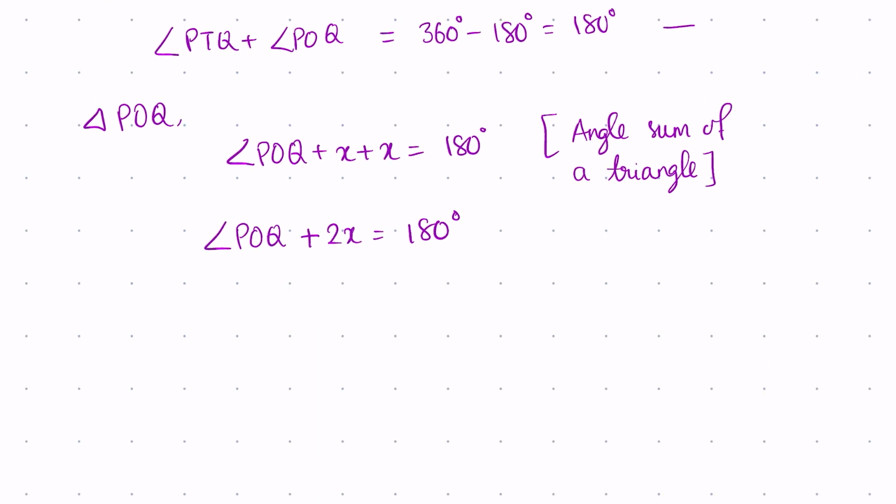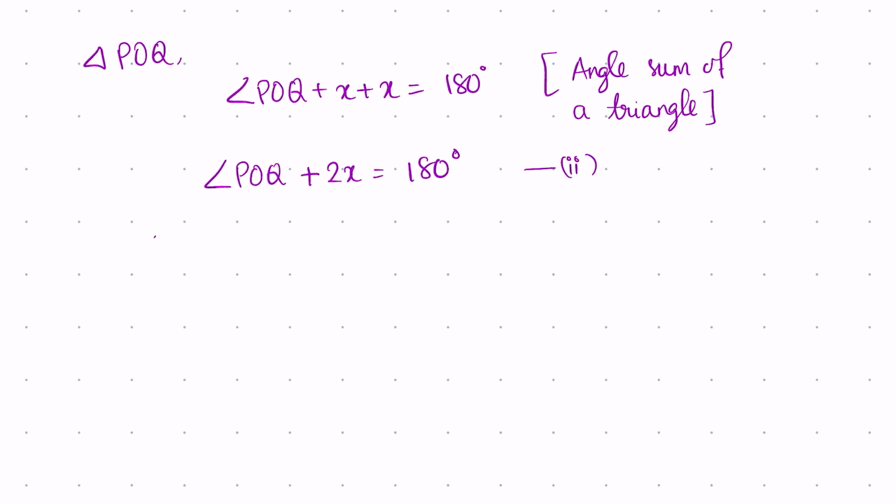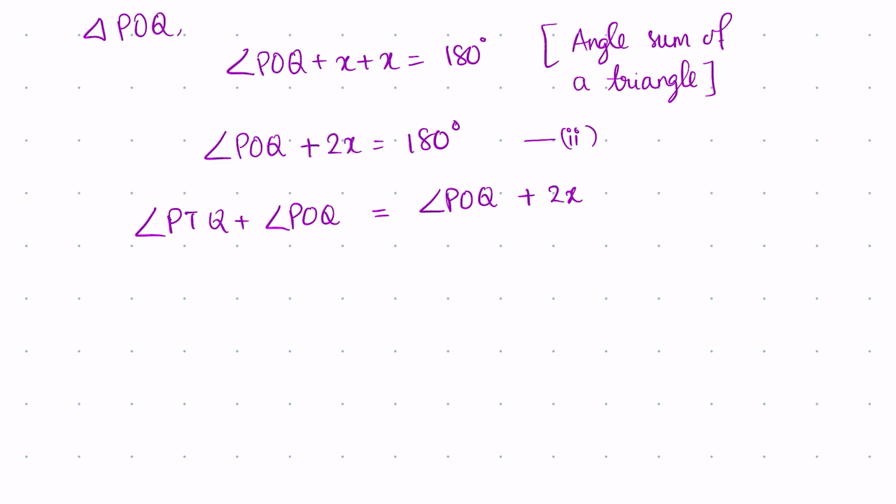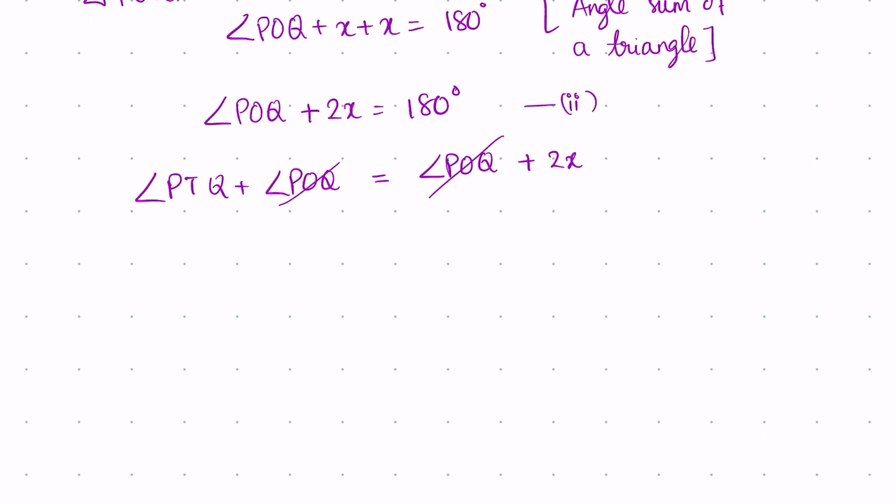If this is equation 1 and this is equation 2, since they are both equal to 180 degrees, I can write angle PTQ plus angle POQ is equal to angle POQ plus 2x. So angle POQ goes away.